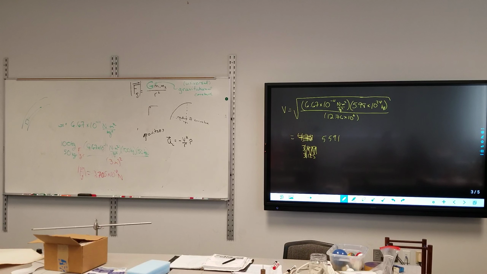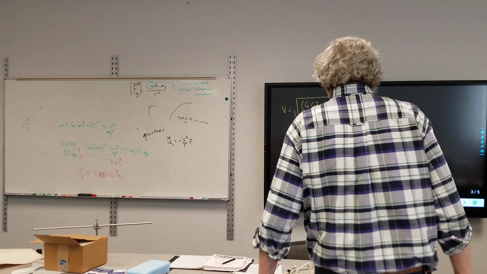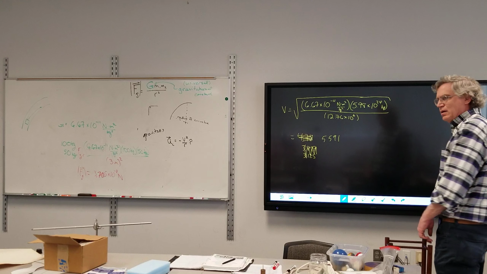Let me do that. That's G, that's mass of the earth. And then you divide it by the orbital radius. So you don't add one right here. Square root of that. So take that one away. You do two in the beginning, then you do the top numbers, then you divide, and then two at the end, to close off the whole.